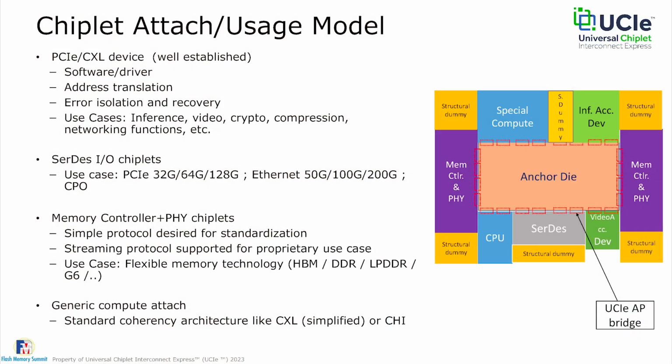The next use case is memory, controllers and PHY, right? So there's plenty of memory technologies. New memory technologies continue to pop up. We have HBM, LPDDR, DDR. There's just a variety of technologies which are being developed, right? And if there was a memory controller available, not every company has to build them, and they could be integrated and used.